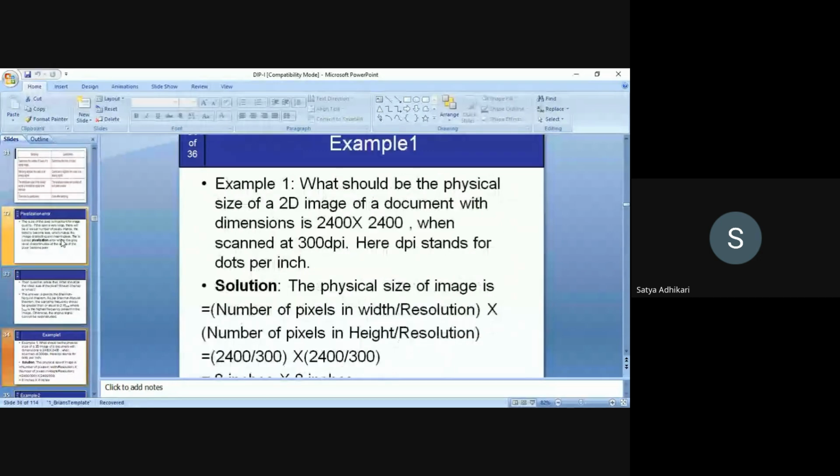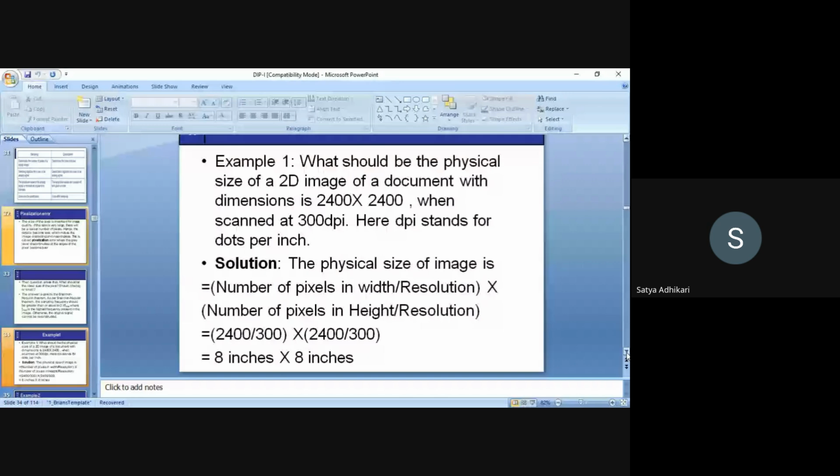Let us take an example. What should be the physical size of a 2D image of a document with dimension 2400 cross 2400 when scanned at 300 dpi, dots per inch?